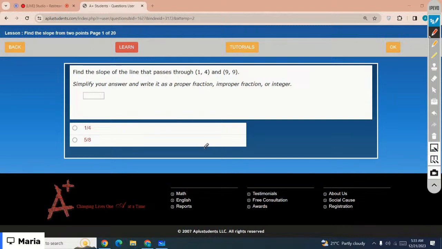So let's just calculate the slope, right? This point is x1 and y1. This is x2 and y2. So you need to calculate the slope, that would be y2 minus y1 divided by x2 minus x1, right? So that is 9 minus 4 divided by 9 minus 1. So which is the correct option?